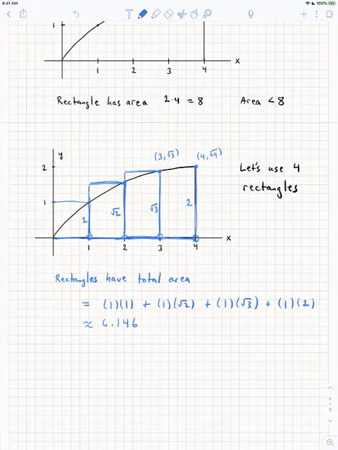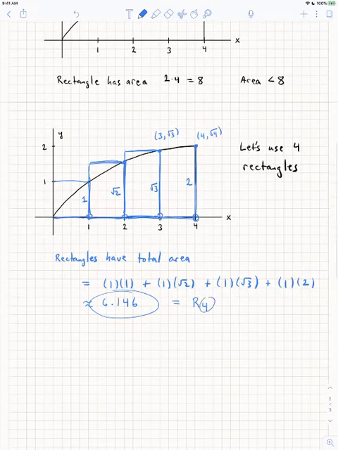This has a notation that we use to denote it. We call this R sub 4. Now, why do I call it that? Well, the 4 comes from the fact that I'm using 4 rectangles. What about this R here?